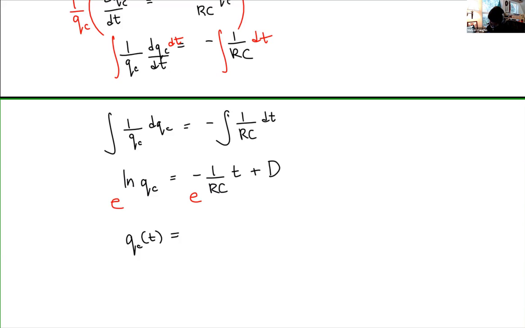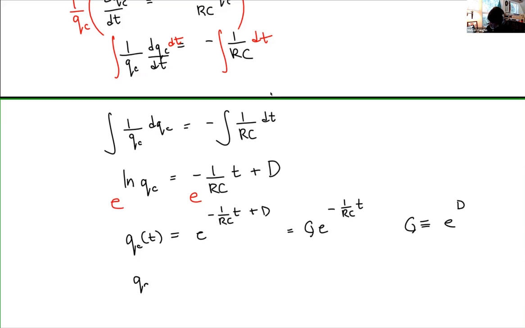And the right side is e to the minus 1 over RC t plus your constant of integration, which I am going to rewrite as G e to the minus 1 over RC t. And if you're wondering what happened to the D, I'm just defining G to be equal to e to the D. So in other words, I'm pulling out e to the D as a constant.